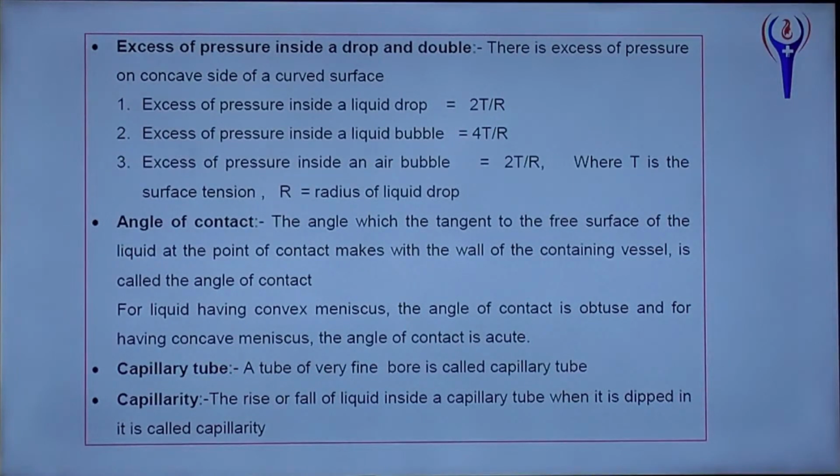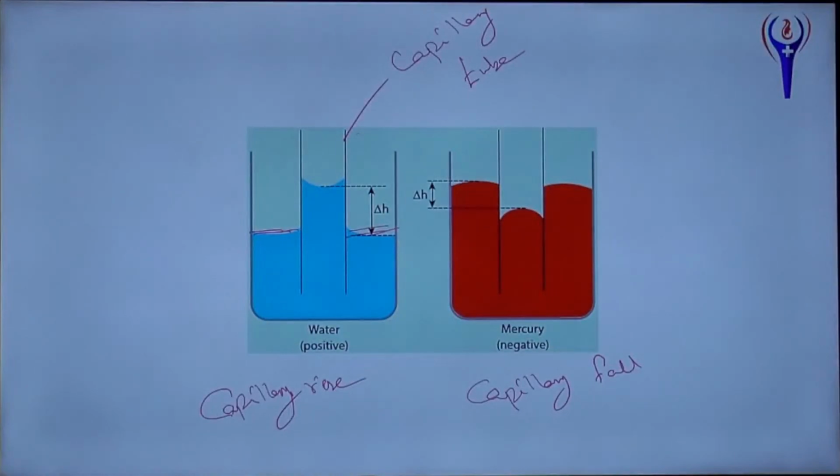And capillarity: the rise or fall of a liquid inside a capillary tube when it is dipped in the liquid is called capillarity. For water, capillary rise takes place. For mercury, capillary fall takes place. Capillary rise or capillary fall is called capillarity. Here is a concave meniscus, and this is a convex meniscus.